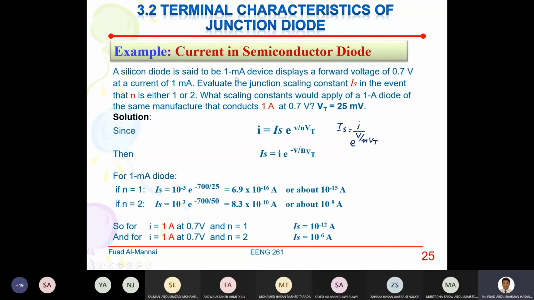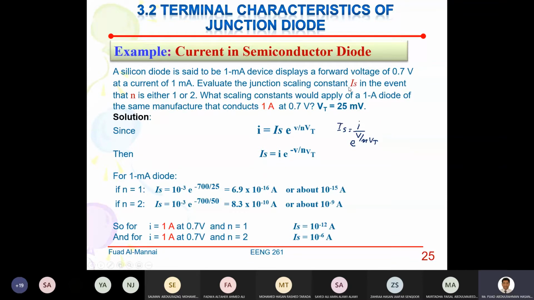So this device, when it is 1 milliamp, its VD will be 0.7 volt. So this one is actually a silicon diode. And of course, at a current of 1 milliamp, which is the ID, he wants us to evaluate the scaling constant IS.